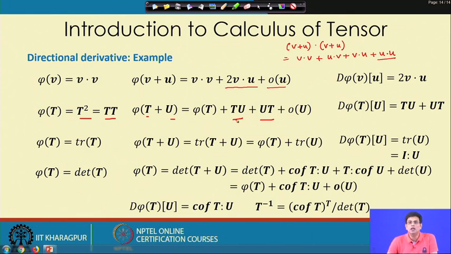That means A B is not necessarily equal to B A. So I have to write it in this form, T u plus u T.